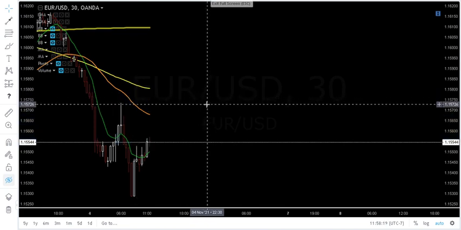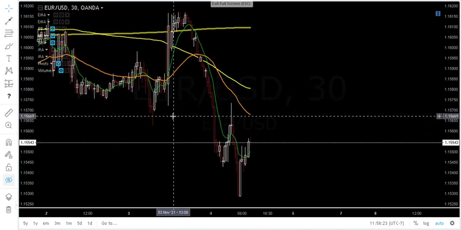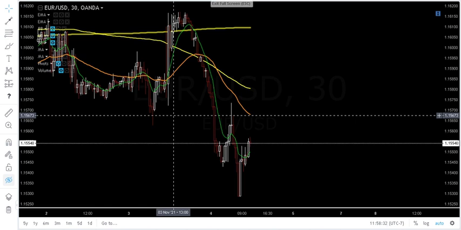All right, so where were we? I kind of got carried away. All right, so we have the 200 over the 50, downtrend. I'm writing this down. The 800 is above the 200, downtrend.